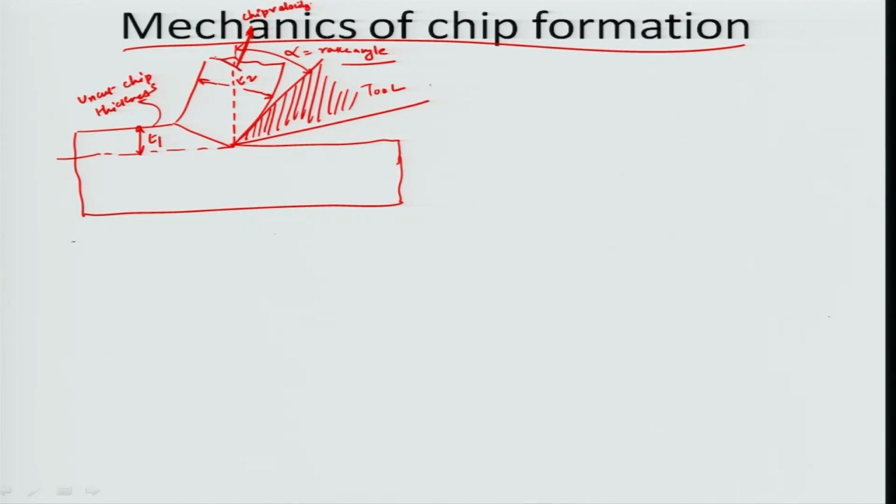So, this is the cut chip thickness. Having said that, now you have various parameters like the uncut chip thickness, the cut chip thickness, the rake angle, the chip velocity, the tool, and so on and so forth. And obviously, there is this plane formulated here, which is also known as the shear plane. And the angle that is there in turn is basically the shear angle.